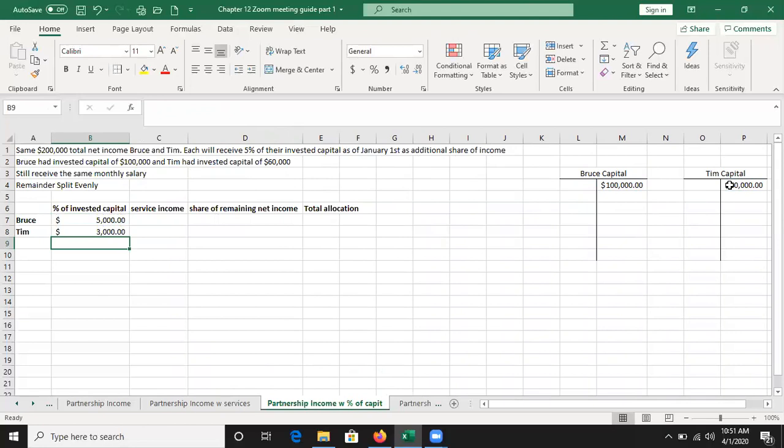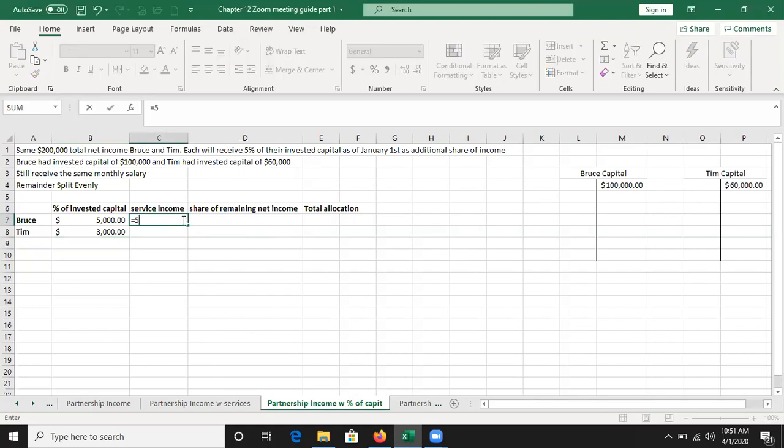So 3,000. Next, fill out their service income. It's the same as the last page. Bruce is going to receive 5,000 for 12 months, so 60,000. Tim is going to receive 12 months of $7,500, so the 90,000.